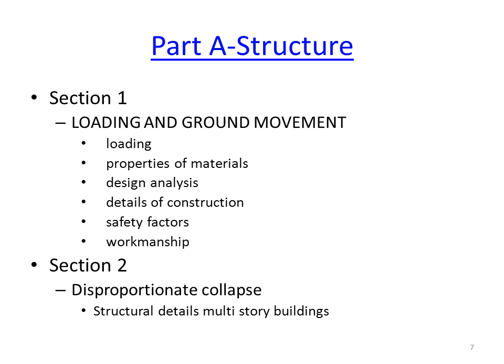There's 2 sections to Part A. Section 1 covers loading and ground movement, and we have topics like loading onto foundations and buildings, properties of materials, design analysis, details of construction, safety factors and workmanship. In Section 2 we have disproportionate collapse, and this includes structural details for multi-storey buildings, so it's really just about buildings falling down.